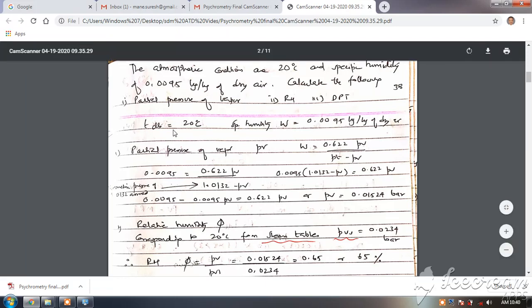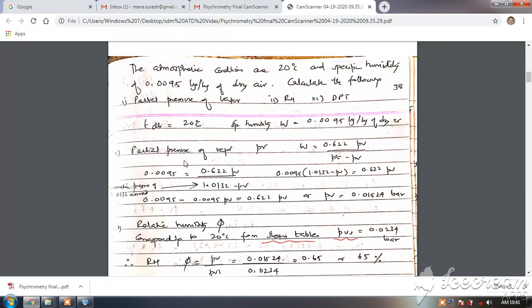Now the given data is dry bulb temperature is 20 degrees centigrade, specific humidity omega is 0.0095 kg per kg of dry air. The total pressure is not given, so we will assume the total pressure to be 1 bar, that is 1.013 bar. Now partial pressure of water vapor: omega is equal to 0.622 PV divided by PT minus PV.